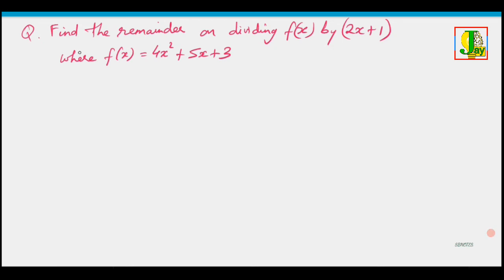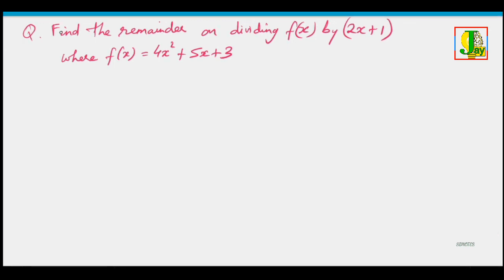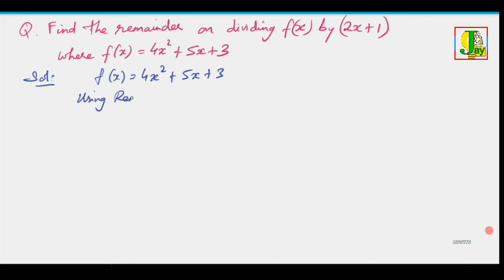Here's another question. Find the remainder on dividing f(x) by 2x plus 1. Now in this question we have the polynomial 4x squared plus 5x plus 3, and the divisor is 2x plus 1, which is in the form of ax plus b. So f(x) equals 4x squared plus 5x plus 3, remainder theorem.